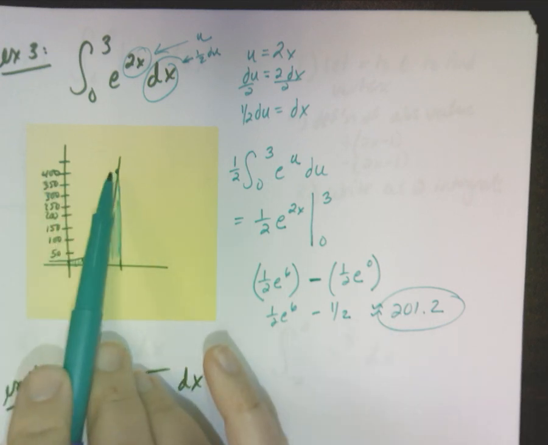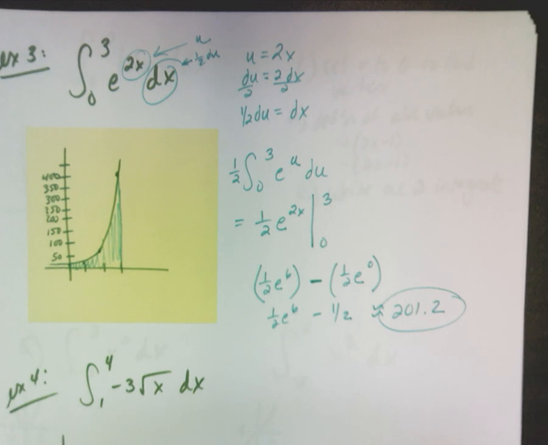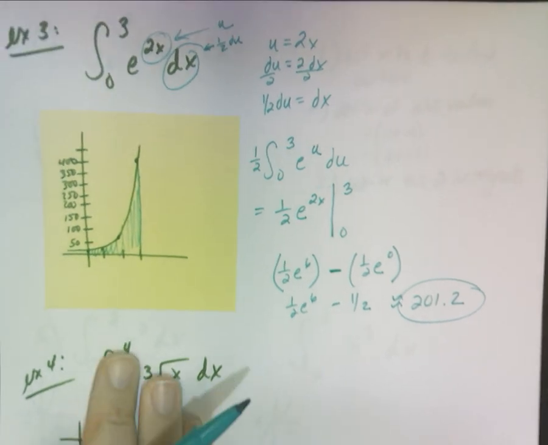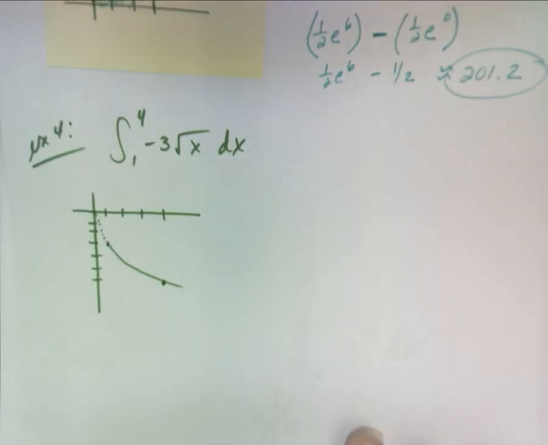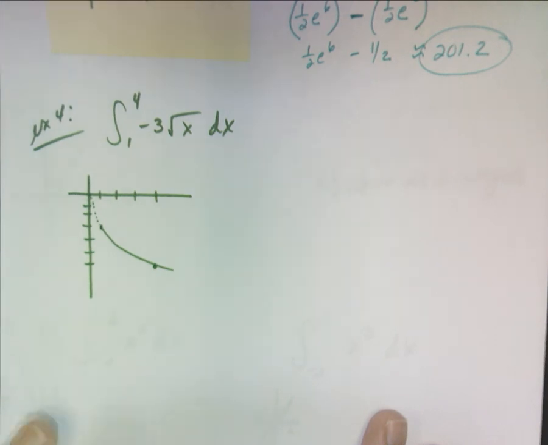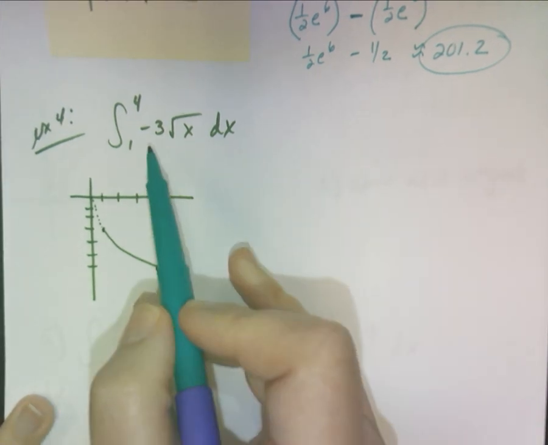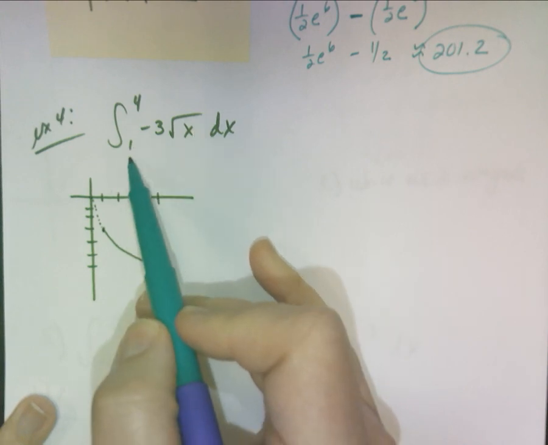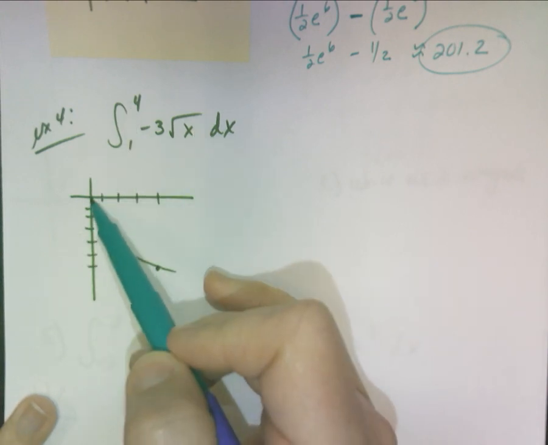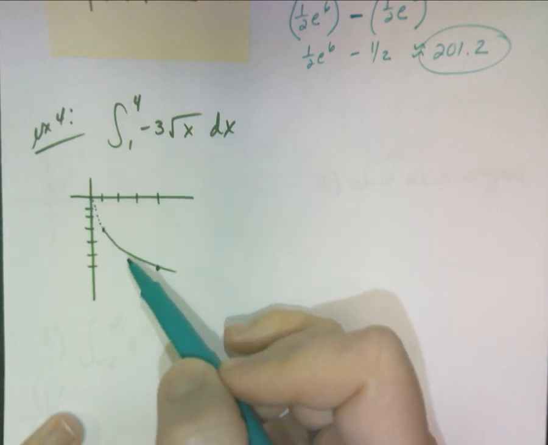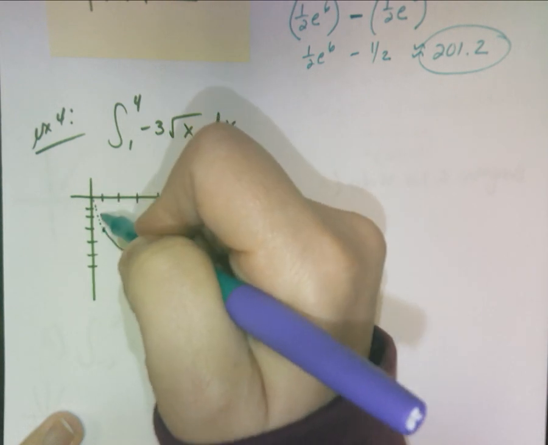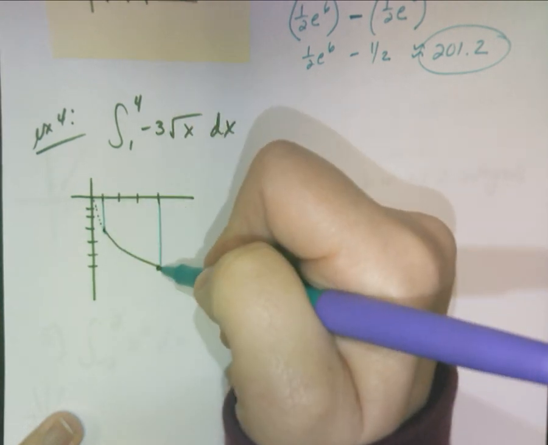Which kind of makes sense. I mean, look, we were going all the way up to 400. So let's do another one here. Now we're going to integrate -3 times the square root of x from 1 to 4. This does go to 0, 0, by the way, but we're only integrating from here to here.